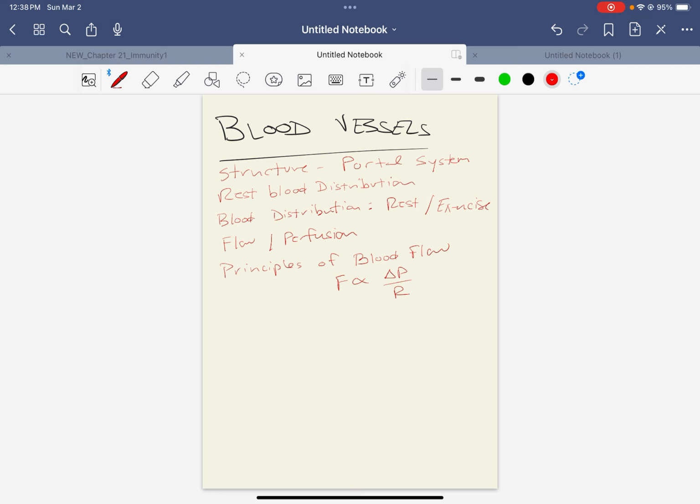And then we had blood pressure being equal to cardiac output times peripheral resistance. From those two, we can identify and understand fluid dynamics. Remember, there's those review questions on Brightspace, okay?